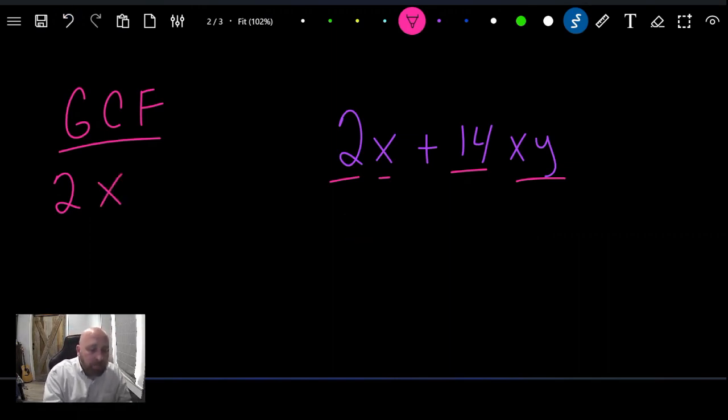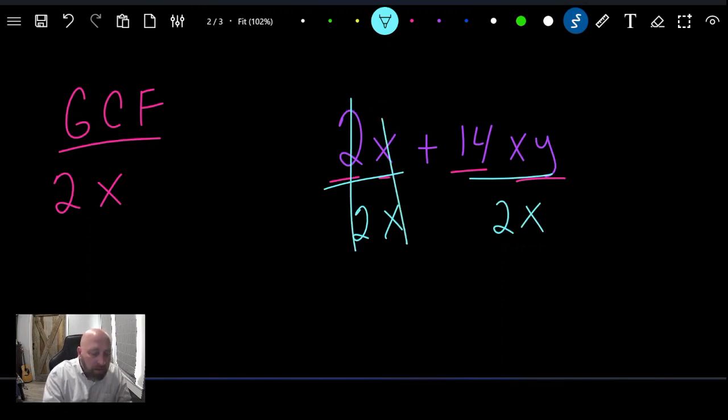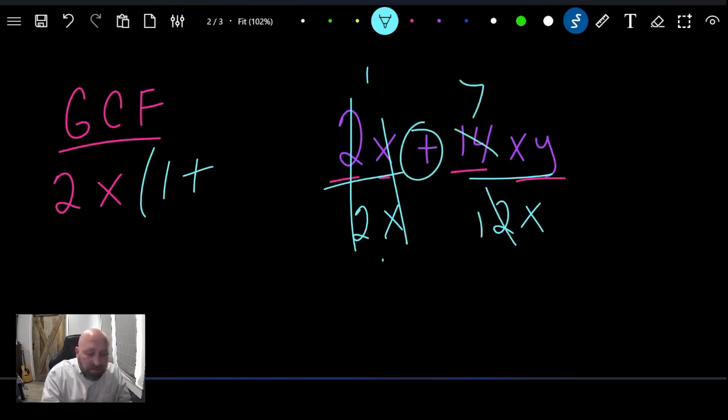X. Now what I would say is, okay, I've got to divide everything by 2x. And what do I get? Cancel, cancel. When that happens, remember everything cancels to a 1, so I would get 1 plus, and then cancel here goes to a 1, cancel here goes to a 7, cancel, cancel, and I'm left over with a y, 7y.